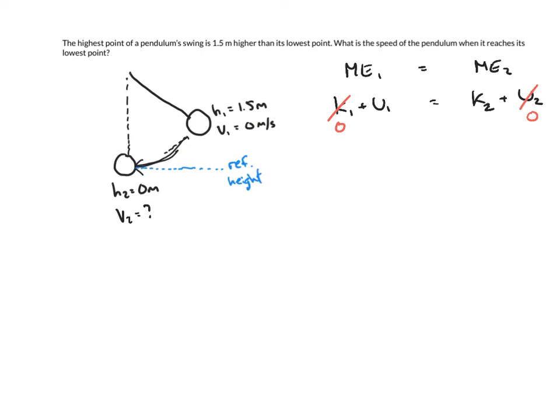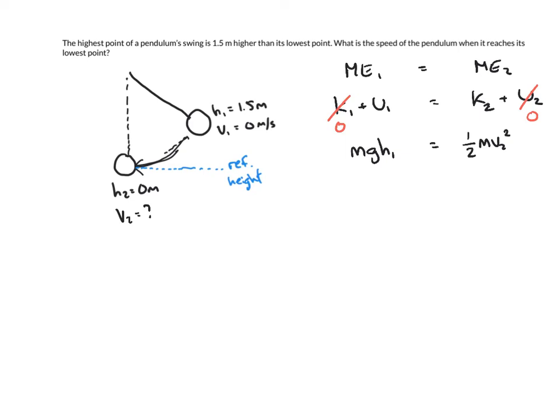So the equation for U, or gravitational potential energy, is mgh. And then on the other side, the formula for K, kinetic energy, is half mv squared. This time I am solving for v2. So what I'm going to do is multiply both sides by 2.